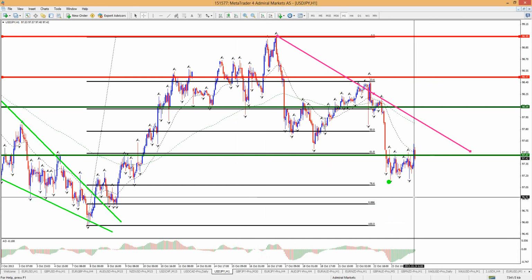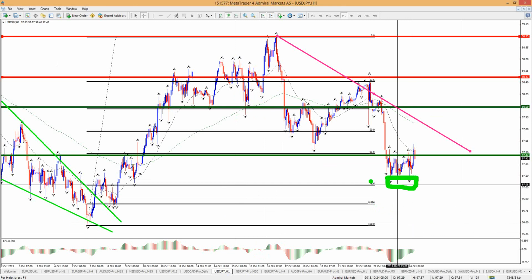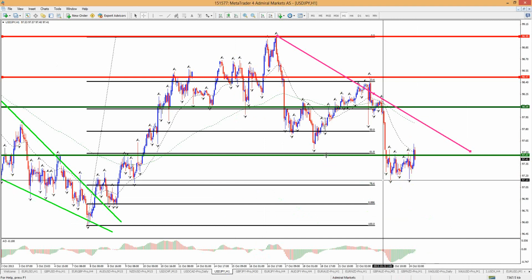So right in here, we were very close to the 786. In fact, price missed it only by 5 pips, and could be considered a 786 Fibonacci retracement bounce right there. All right, so one of the bounce ideas we could have is in fact an 886. So I think that makes sense.